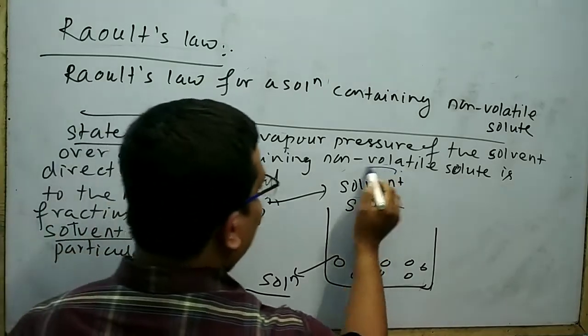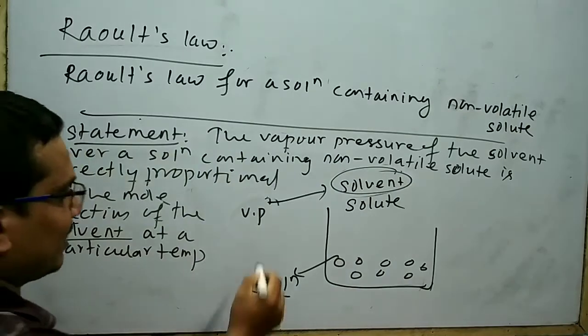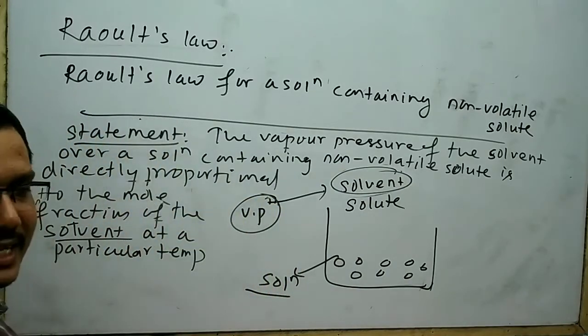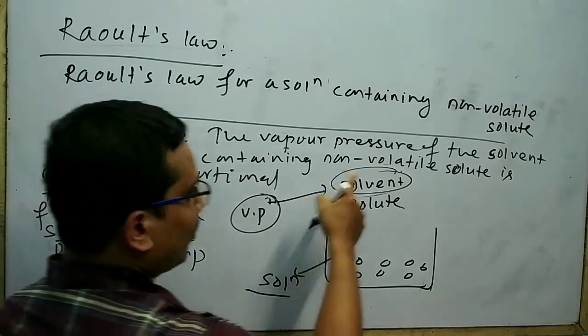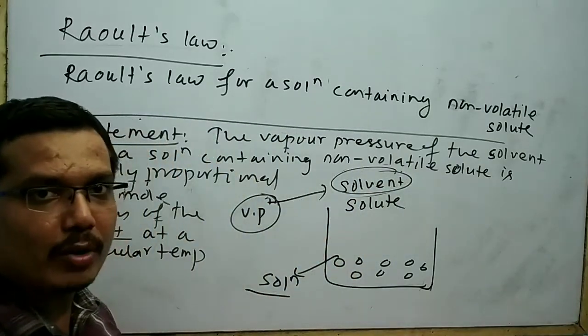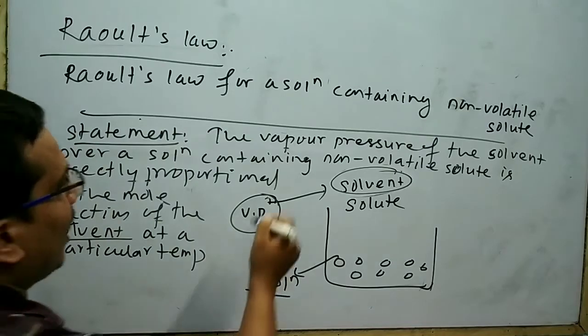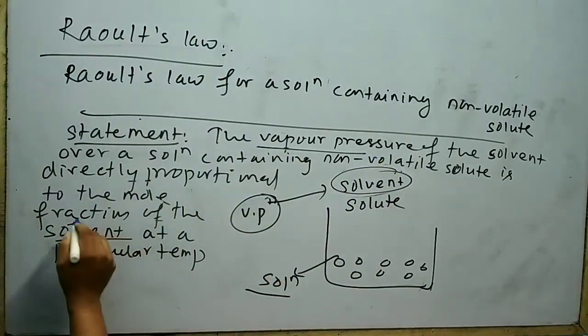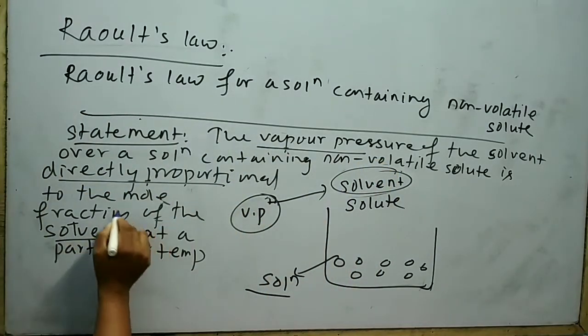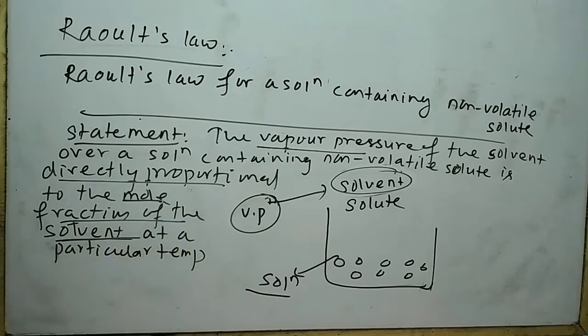Look at that, if the number of solvent molecules increases, then the vapor pressure also increases. If the number of solvent molecules increases, then the mole fraction of that solvent also increases. So here I can write vapor pressure is directly proportional to the mole fraction of the solvent.